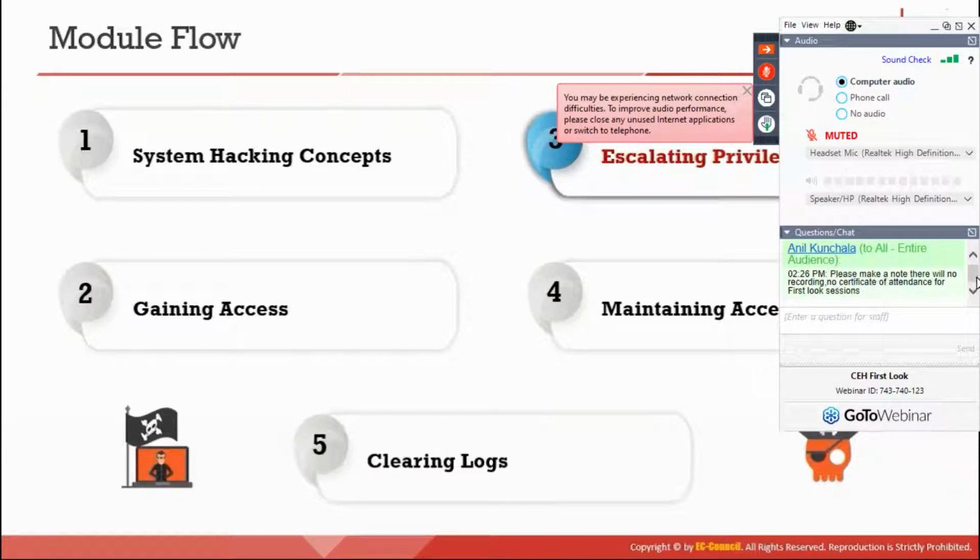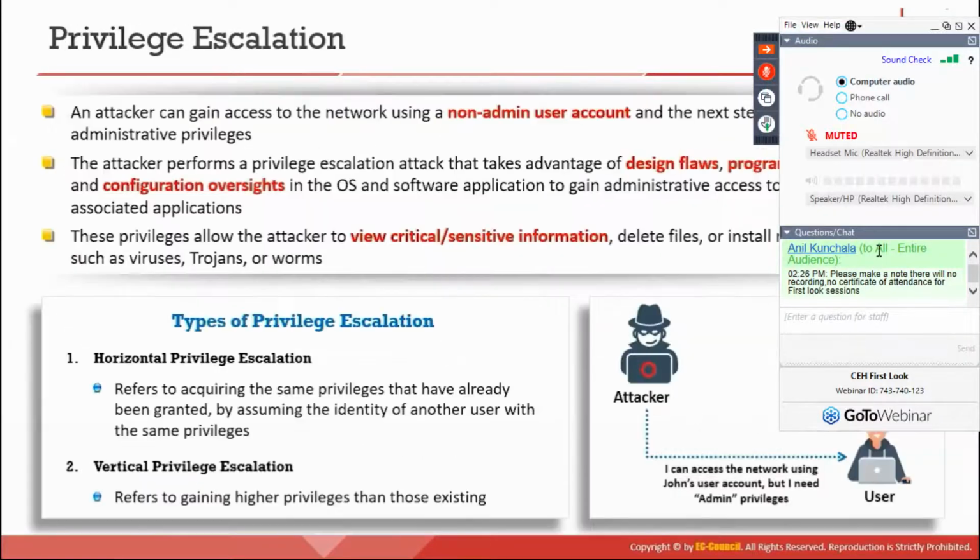Let's say there's a system that you hack into. You have a local user account, but it doesn't allow you to access any domain information. You need more. So as an attacker, you need to expand your operation and go into privilege escalation.